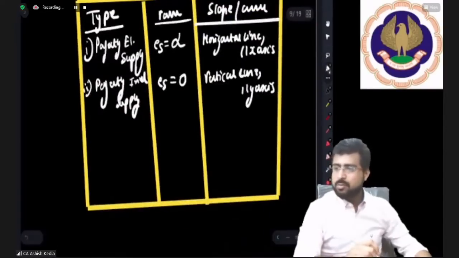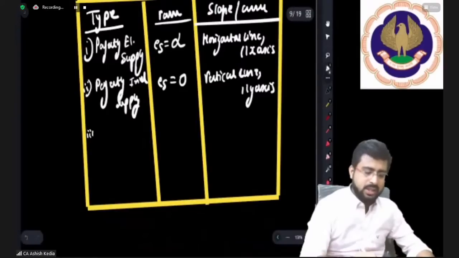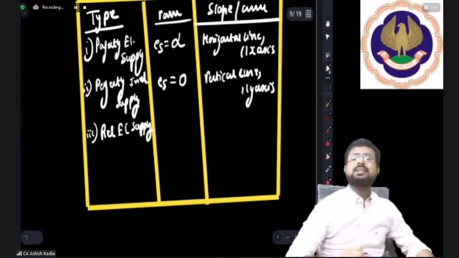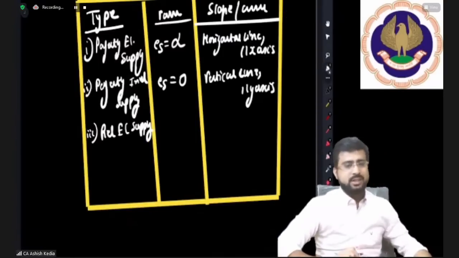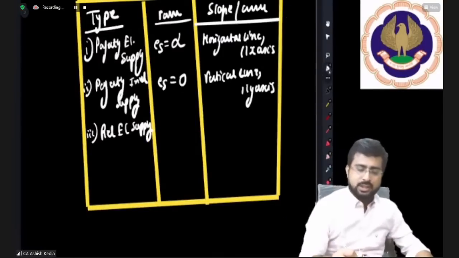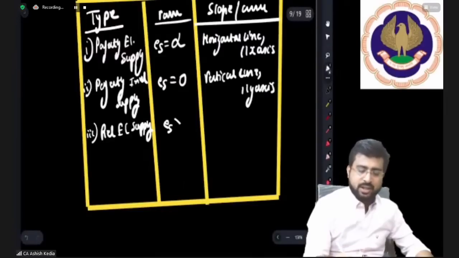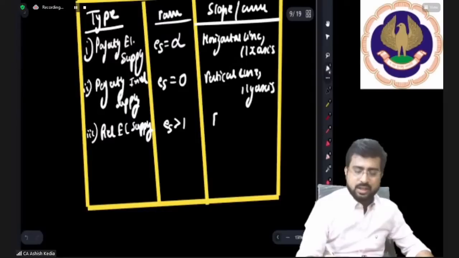Moving on, number 3, relatively elastic supply. In relatively elastic supply, the elasticity of supply is greater than 1. The curve is relatively flatter.